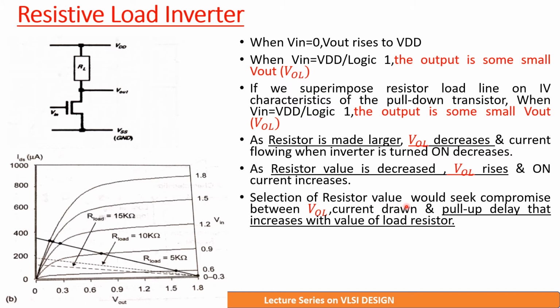Selection of resistor value would seek a compromise between VOL, current drawn, and pull-up delay that increases with the resistance value. Since the load is a resistor which is a passive component, it consumes more silicon chip area. So we try to replace this pull-up with an active load, that is using MOSFET in the next configurations.